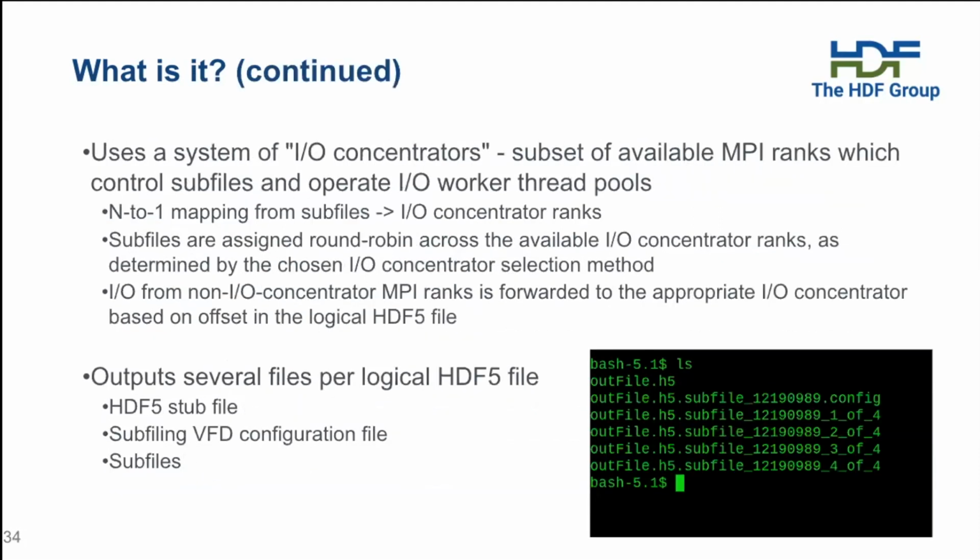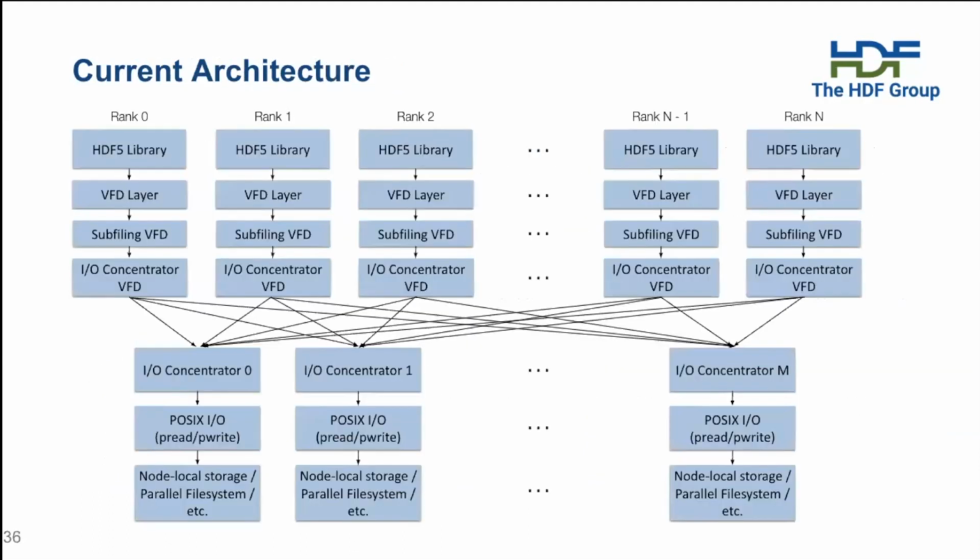And so the way it works is it uses a set of IO concentrators. There's a diagram, but I'll just go through this. Each IO concentrator has a certain number of subfiles, and each rank talks to its different IO concentrators.